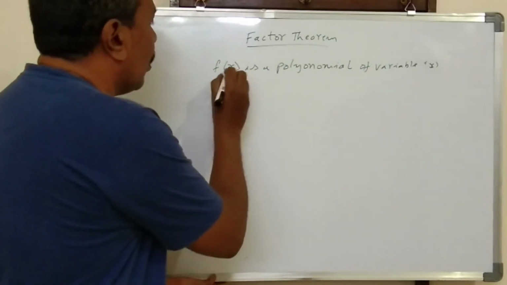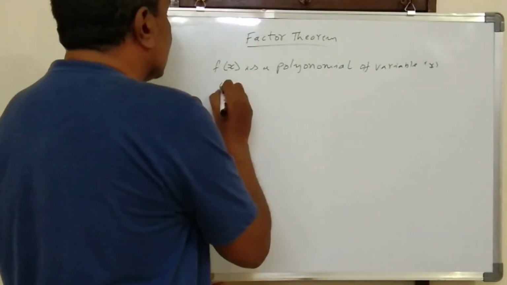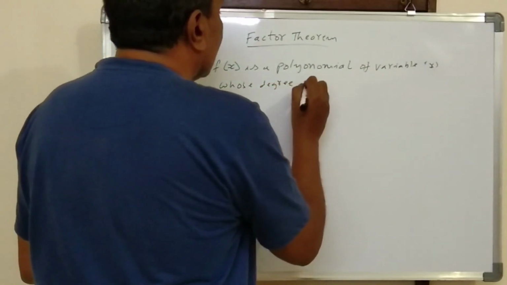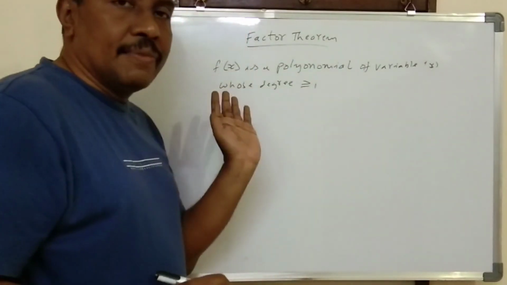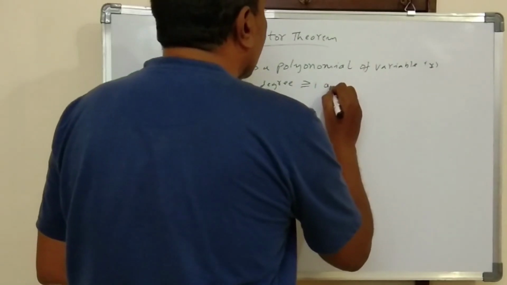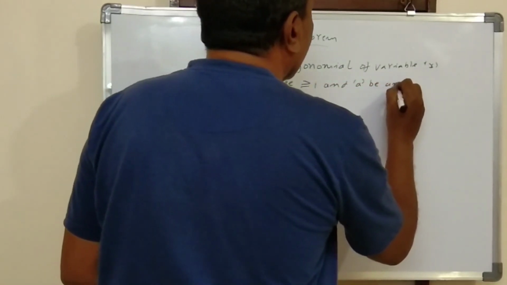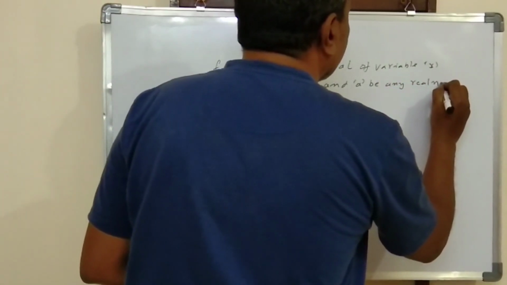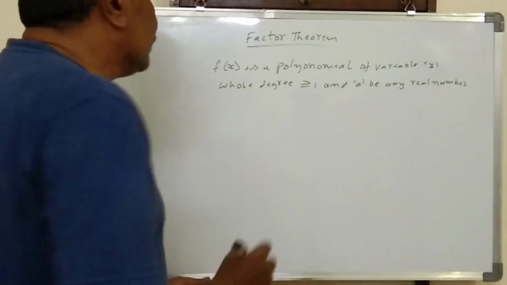So this is a polynomial with a variable x, whose degree is greater than or equal to 1. The degree of f(x) should be greater than or equal to 1. And a is any real number. Let us take a, which is any real number.